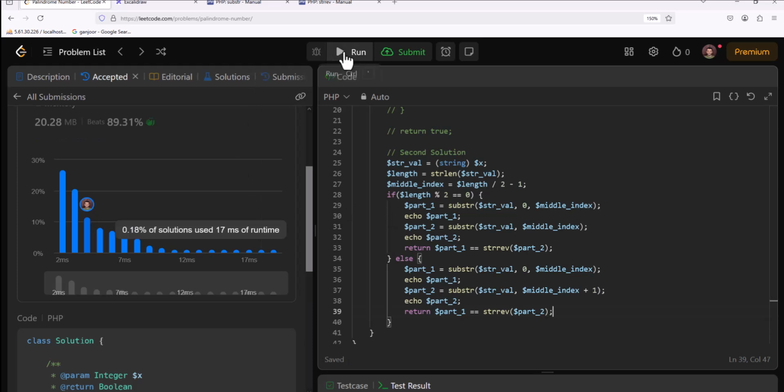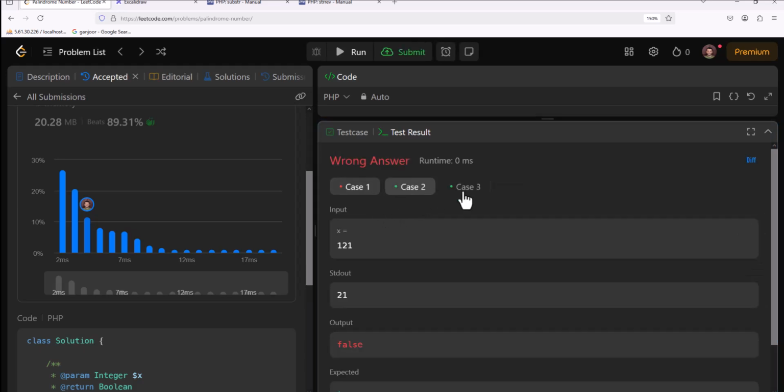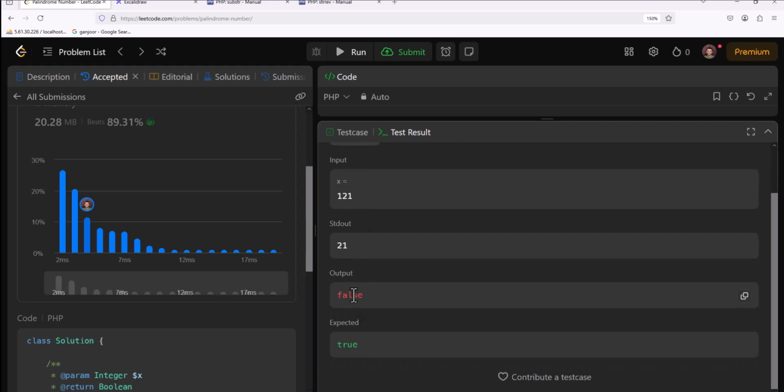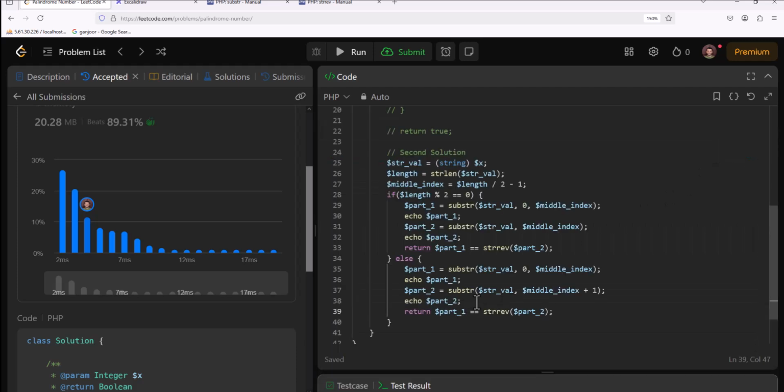Okay, let's run. Okay, we don't have any echoes here. This is 2 and 1, this is an odd 2 and 1. It means that, let me check.